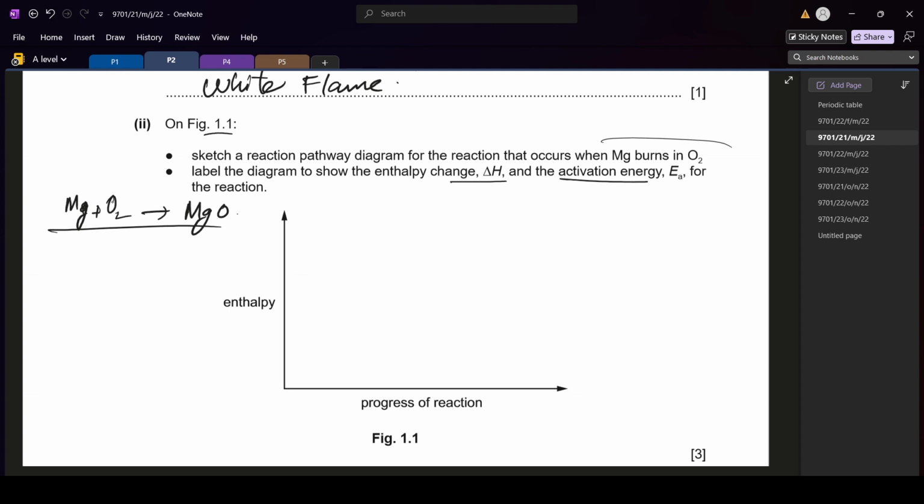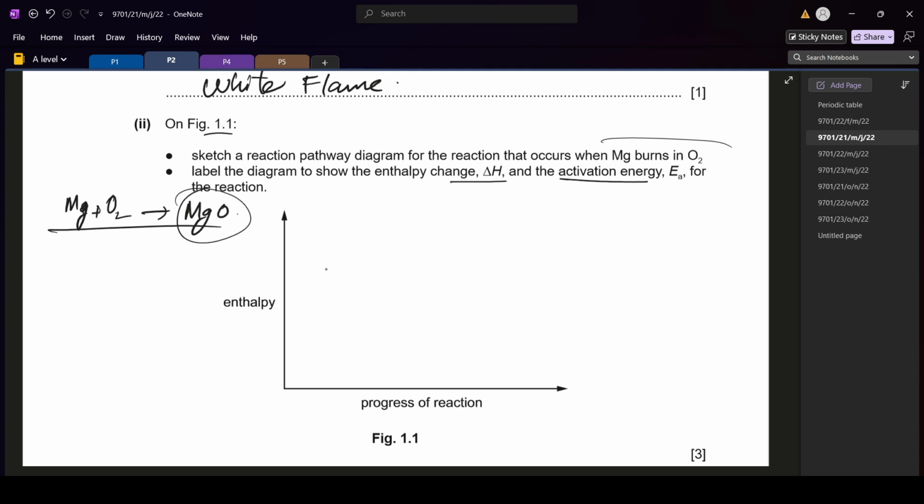So this was the thing that you have to notice, that either you have to draw an endothermic graph or an exothermic graph. So here we will draw an exothermic graph, because this is also a bond formation, and when bonds are formed, energy is released. So this is an exothermic reaction.